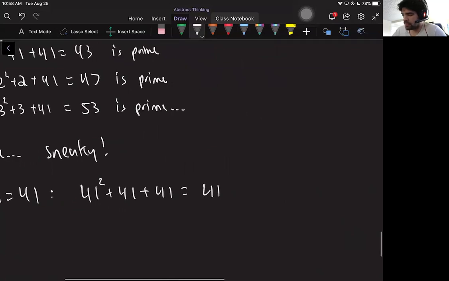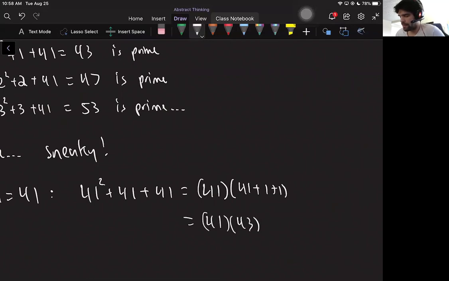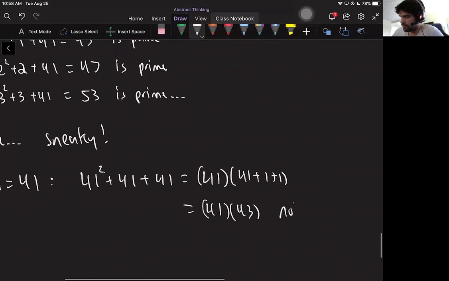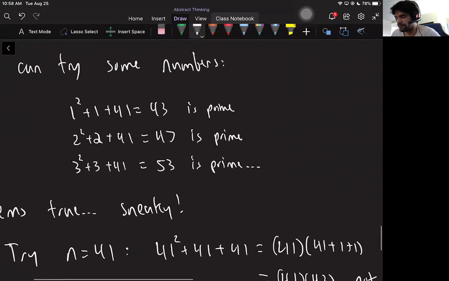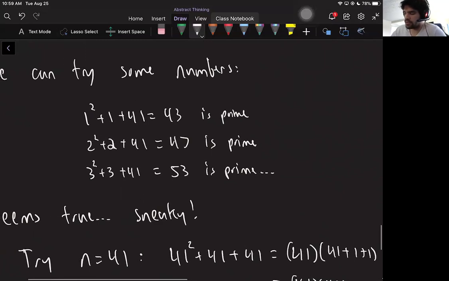Because, if you remember how factoring works, I can now take a 41 out. And this becomes 41 times 43. So this is not prime. Why is it not prime? Well, it's because it's two numbers multiplied together, and prime numbers have to have no factors, but this has two factors, 41 and 43. So this is not prime, as opposed to these numbers up here, which didn't have any factors besides themselves.